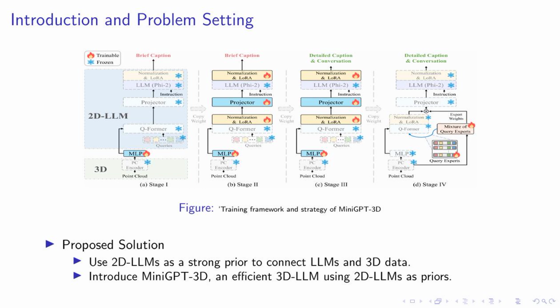Building on this idea, we present MiniGPT-3D, an efficient 3D point cloud language model that utilizes 2D LLMs as priors. The figure you see here illustrates the training framework and strategy of MiniGPT-3D. This model not only achieves state-of-the-art results, but also significantly reduces the training time and resources required, making it a promising solution for the efficient integration of 3D data with LLMs.